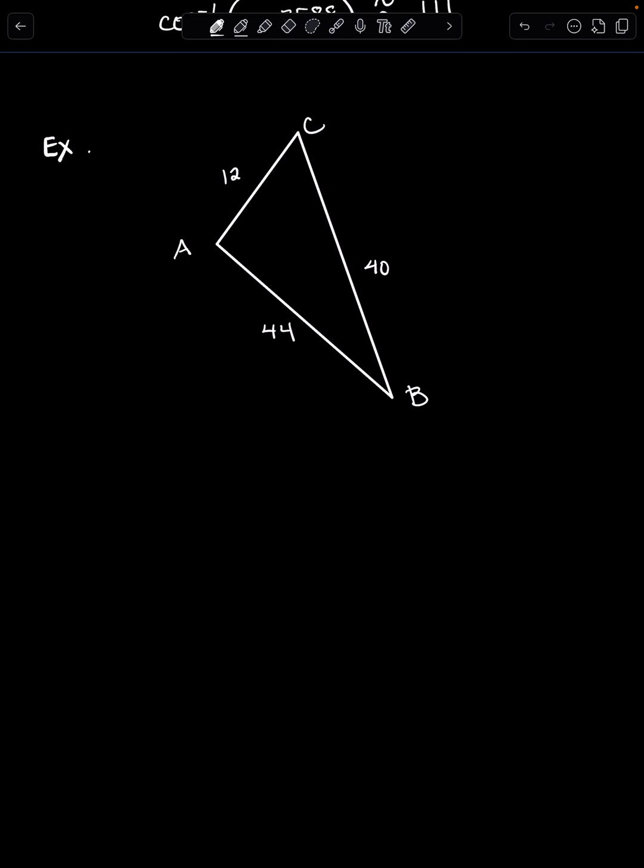All right, so I'm going to find angle C first. If I'm finding angle C first, that means that C squared equals A squared plus B squared minus 2AB times the cosine of C. All right, same process we just did.